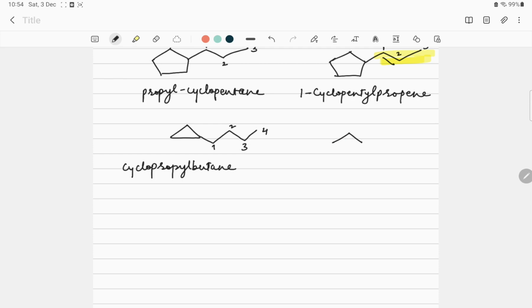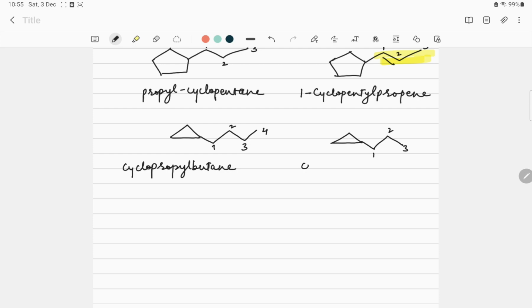Say both the side chain and the cyclic compound contain the same number of carbon atoms, then always the cyclic compound will be the parent. So, it is 1, 2, 3, side chain has 3 carbons, cyclic compound also has 3 carbons. So, this will become the parent. So, what is the name of the compound?